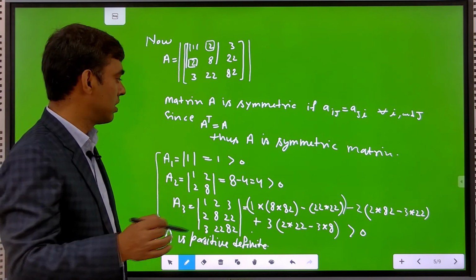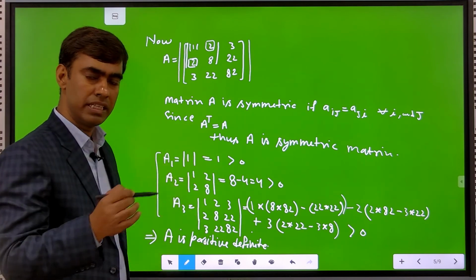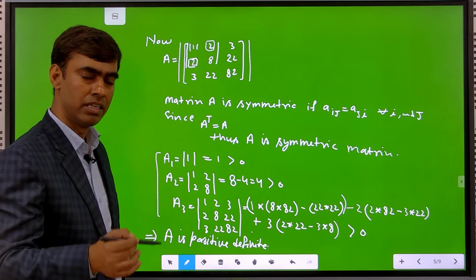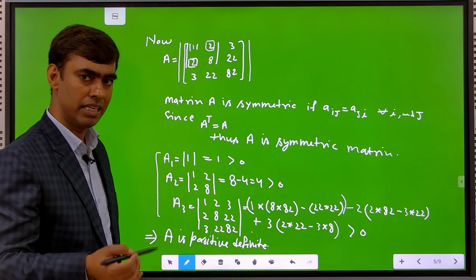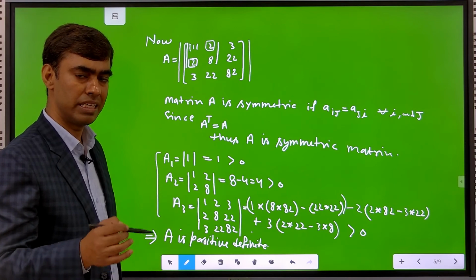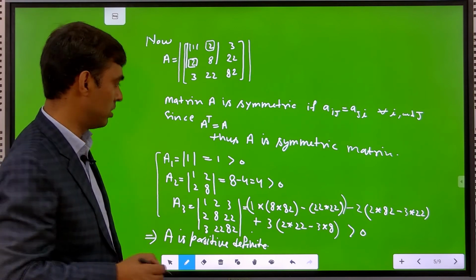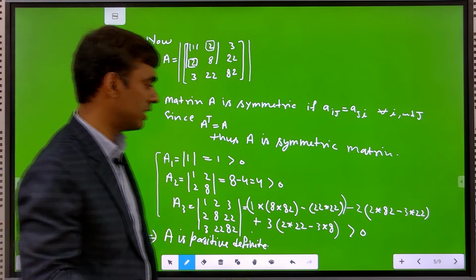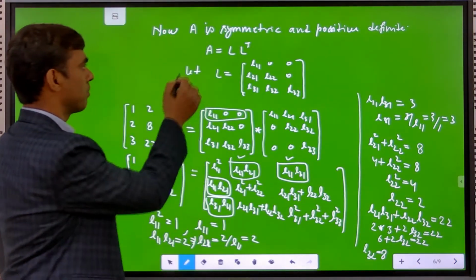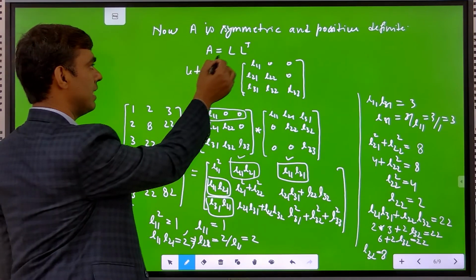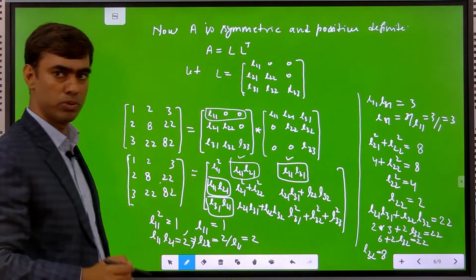If A is not symmetric, or A is not positive definite, if any one property does not satisfy or both properties do not satisfy, then we cannot decompose A as L into L transpose. Once we verify these properties are satisfied, we apply the Cholesky method and write A equal to L into L transpose.